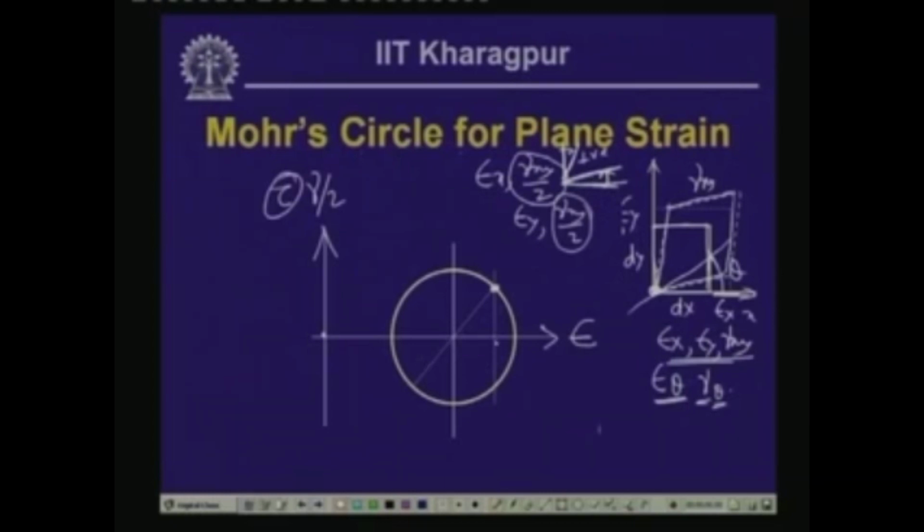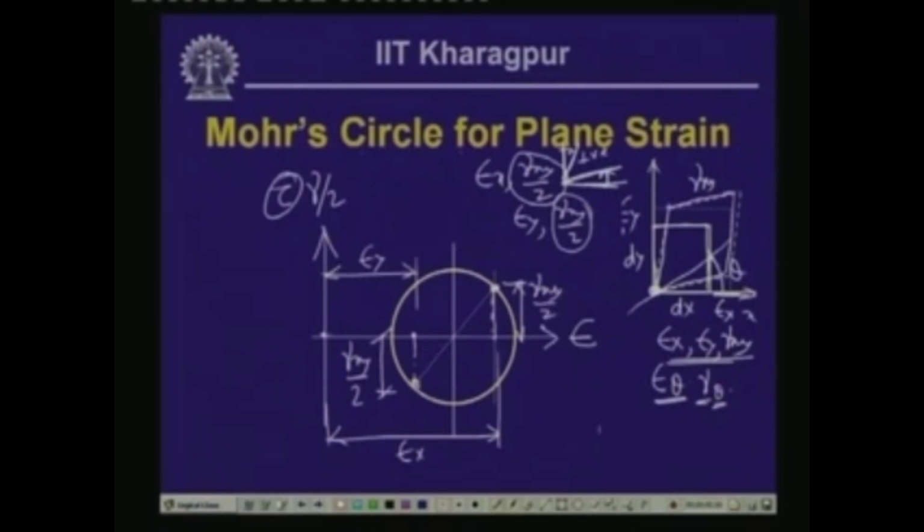So, here we take epsilon y and gamma xy by 2. This point is at a distance of epsilon x from the origin, and this is gamma xy by 2.